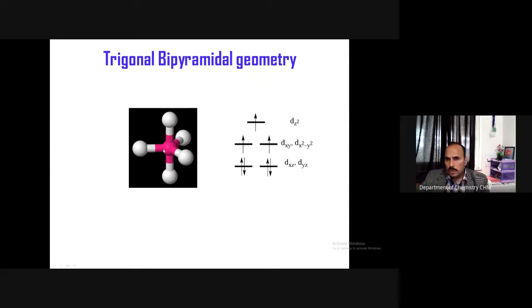If you correlate the two, the shape of the geometry of the complex and the shape of the 5 d orbitals, you know the dz square orbital is just like in the z direction, just like this. So two ligands are directly affecting it. Energy has to be high. So comparatively, you can see that other orbitals are not facing the ligands in the same way, so their energy is going to be, of course, lower.